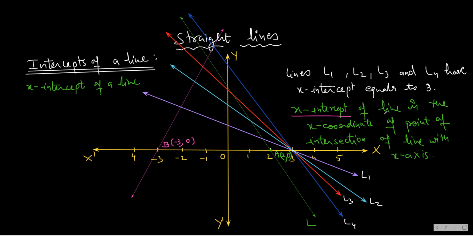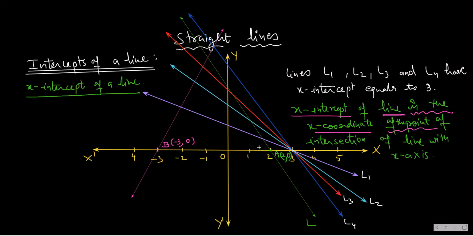So x-intercept of a line is the x-coordinate of the point of intersection of line with x-axis. One thing is sure, students, that to get x-intercept of a line, the line must intersect x-axis.